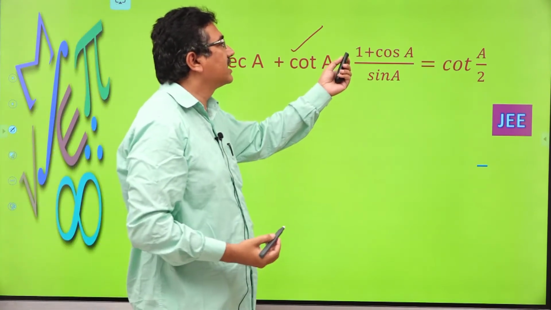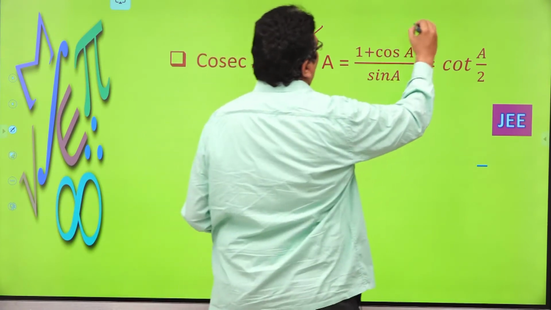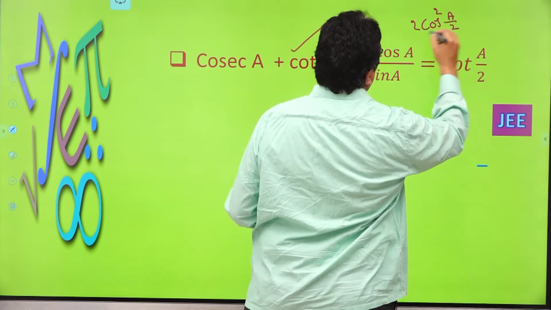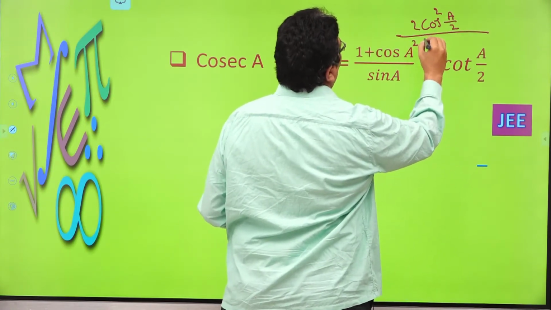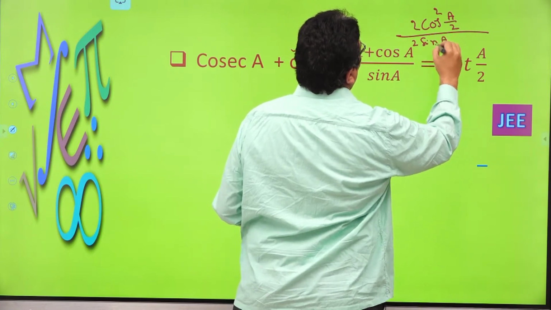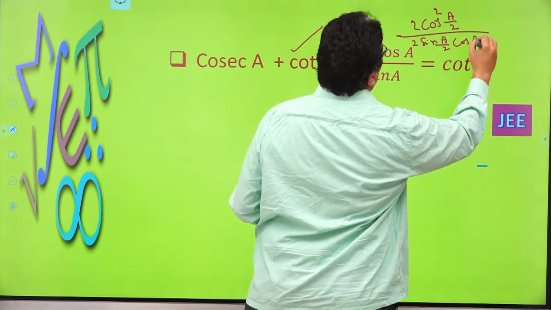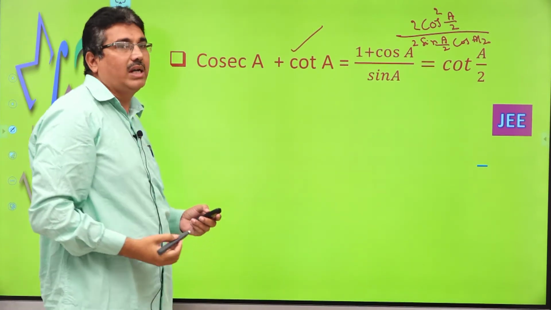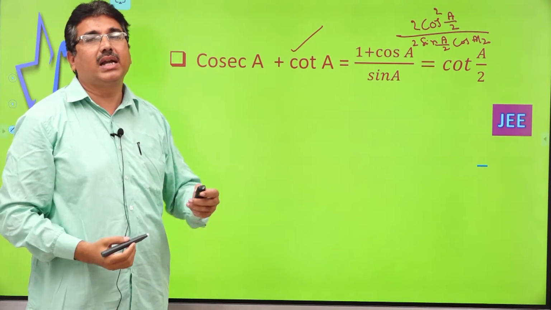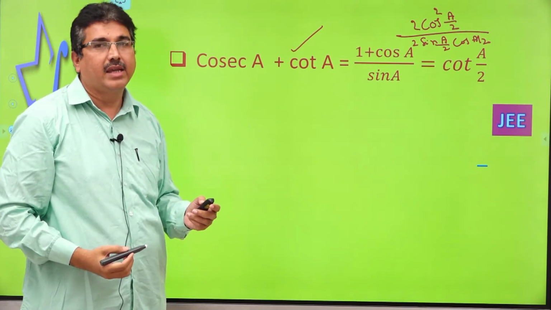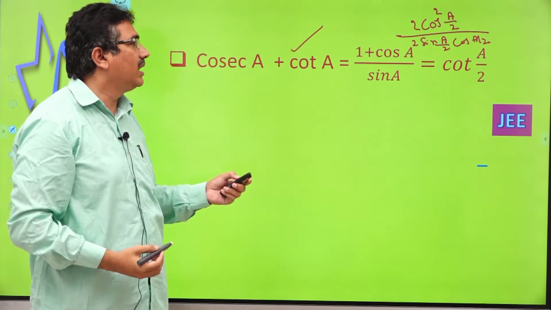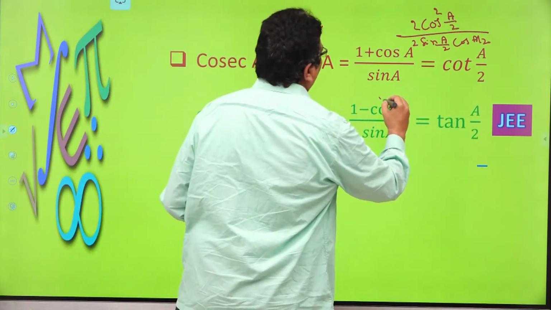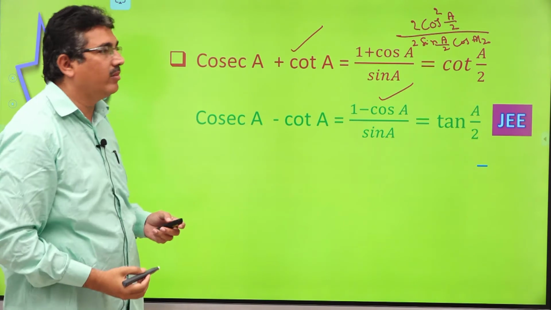What is (1 plus cos A) by sin A? 1 plus cos A is equal to 2 cos square A/2 divided by the sin A formula, 2 sin A/2 cos A/2, that is equal to cot A/2. Right. Now, what is the value of cosecant A minus cot A? Cosecant A minus cot A is equal to (1 minus cos A) divided by sin A, that is equal to tan A/2.